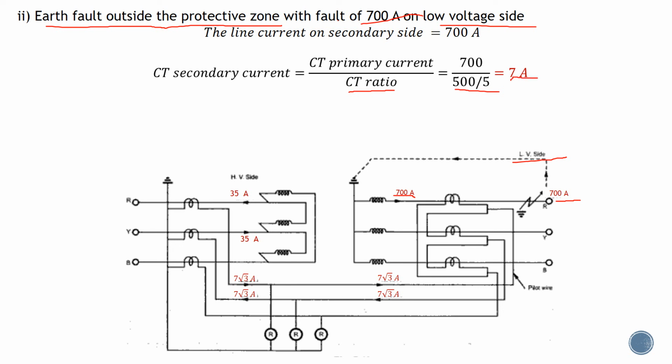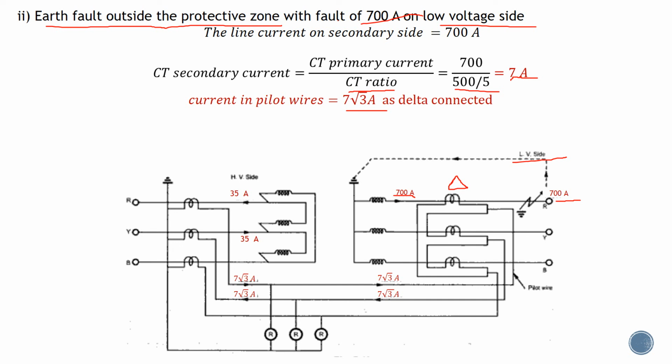But the low voltage side is the star connected side of the transformer, and therefore the CTs here are connected in delta. Therefore, the current flowing into the pilot wires will actually be 7 root 3, the CT secondary current multiplied by root 3.